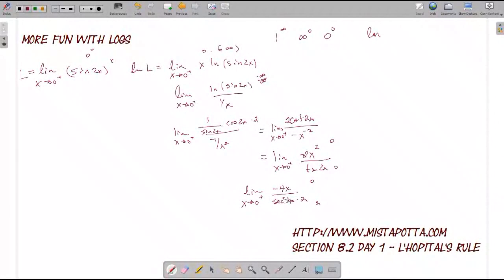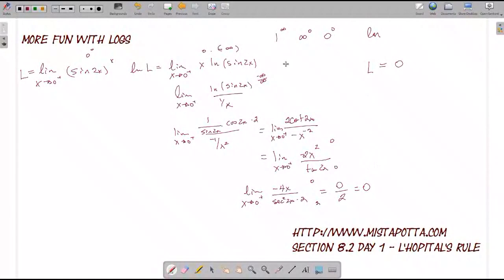Cosine squared is 1. The reciprocal of 1 is 1. And 1 times 2 is 2. So this is not indeterminate forms. So I actually get 0 over 2, which is 0. And so what that means is that my actual limit is equal to 0.